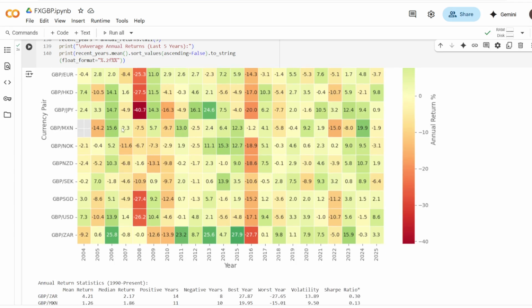So we see here, let's take the row of pound Japanese yen. We see that we have 2021, 2022, 2023, 2024 positive returns, 10%, 3%, 12%, 9%. But this year, 2025, we are half year in, and the pound has appreciated by a little bit less than 1%.